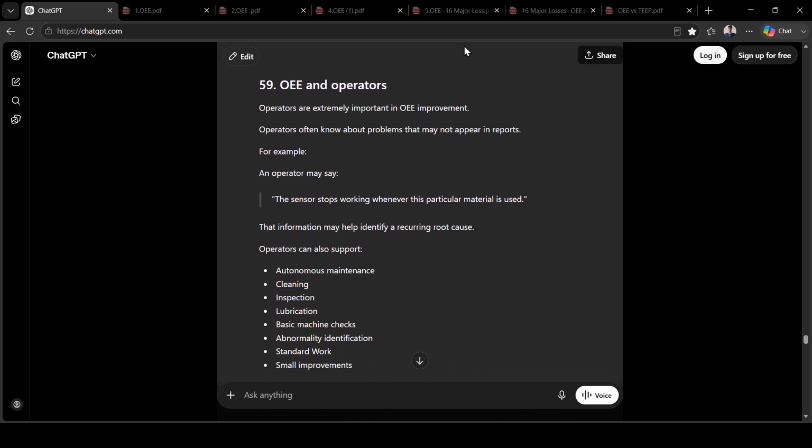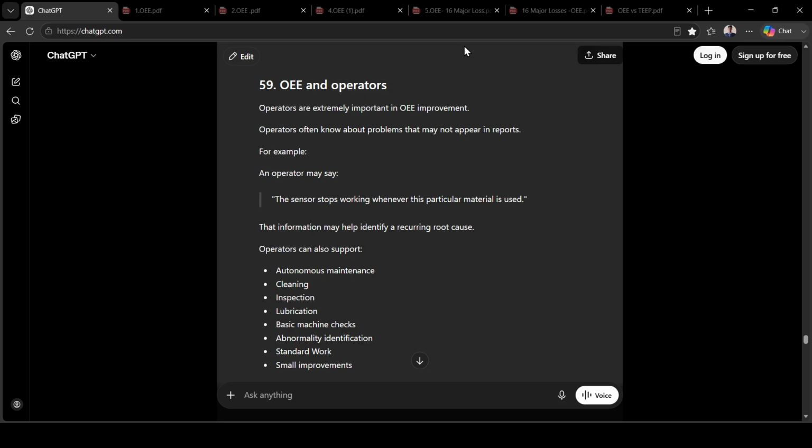OE and operators. Operators are extremely important in OE improvement. Operators often know about problems that may not appear in reports. For example, an operator may say the sensor stops working whenever this particular material is used. That information may help identify a recurring root cause.